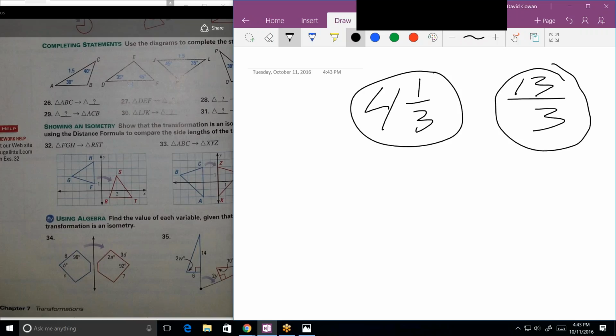Improper fractions are the rule in higher math, starting kind of with geometry, I would even say. Either answer is correct. It's just that when you get into higher maths, one is more useful than the other. A lot of times if you're given the mixed number, you have to convert it to an improper fraction to proceed, which is pretty easy. But might as well leave it as the improper fraction to begin with.